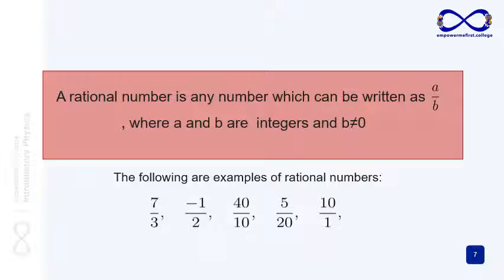We have 7 over 3, we have -1 over 2, we have 40 over 10, we have 5 over 20, we have 10 over 1. You can see that they are all written in the form of a over b, and that simply means these are rational numbers. They define quantities that are not complete or whole; they have been divided somehow.